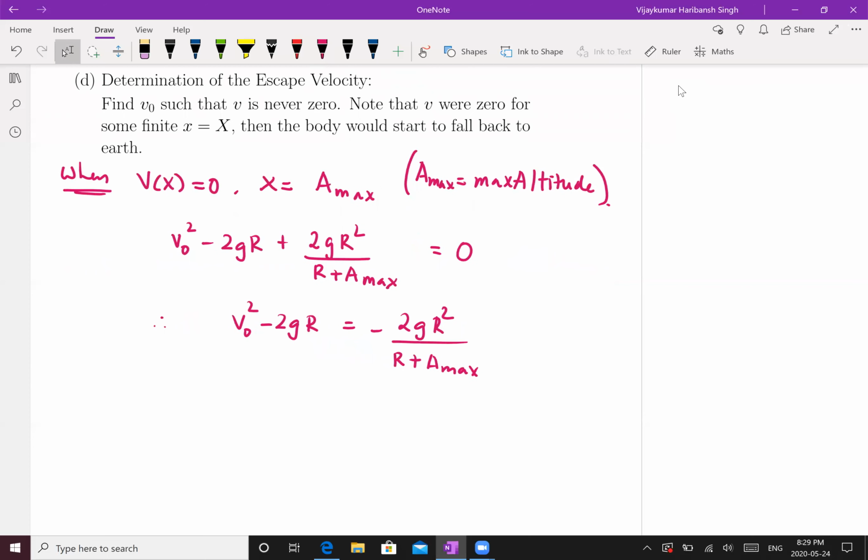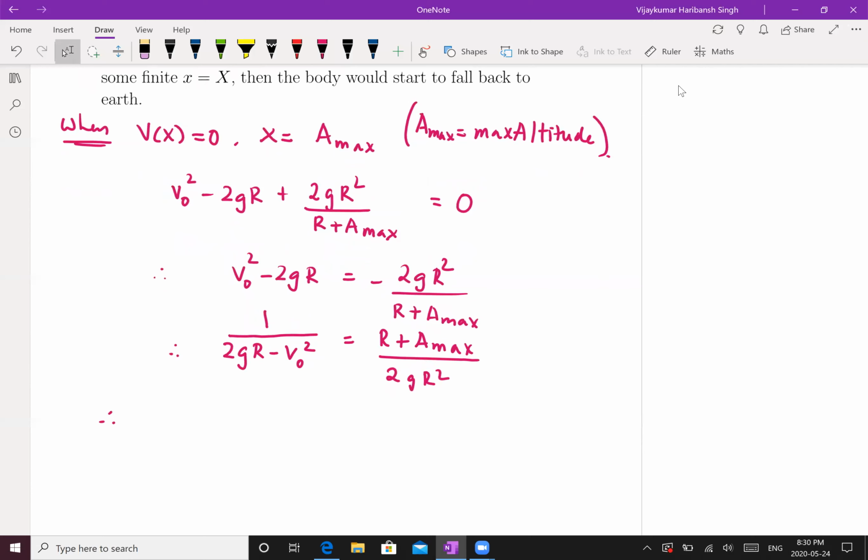So you want a max, right? So take a reciprocal, and get rid of the minus sign on the other side. So we get 2gr minus v naught square, to take account for the minus sign, and then take the reciprocal of that. So 1 over that is equal to r plus a max divided by 2gr square. Or if you write it in the other direction, a max equals 2gr square upon 2gr minus v0 square minus r.